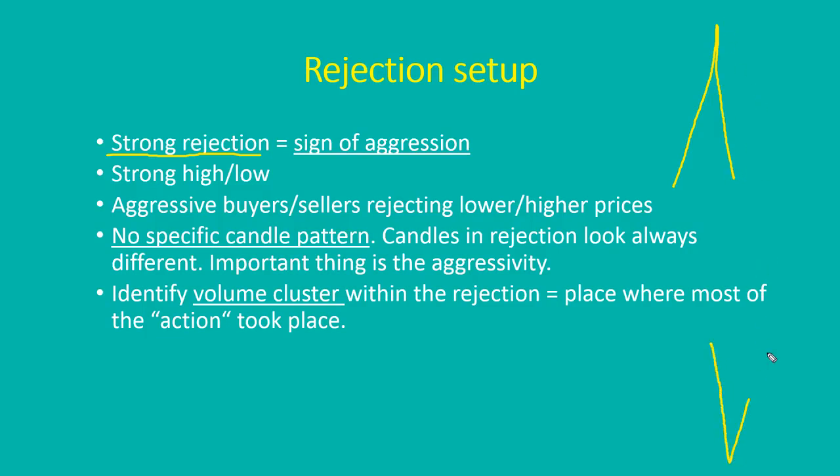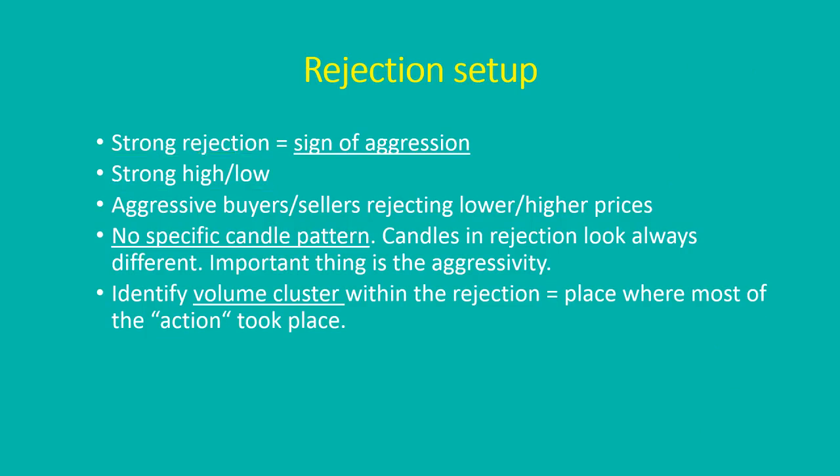If you see this, then this is strong rejection of lower prices. Aggressive rejection like that is also a strong high or a strong low. So this is a strong high and this is a strong low.